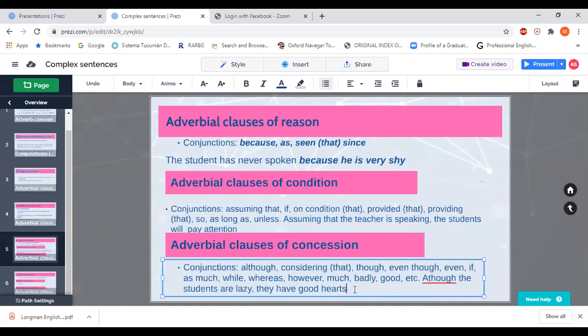Do you understand that sentence? Yes. We are saying something negative and something positive, okay? So that is the meaning of concession. On the one hand, this, but on the other hand, this other thing. Could I have another example?